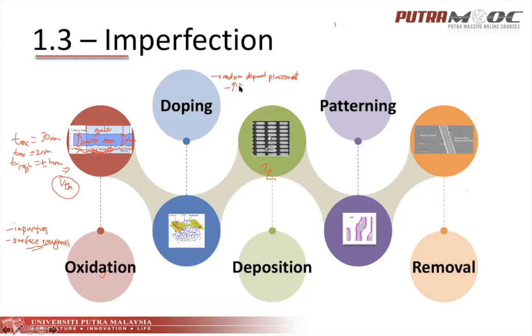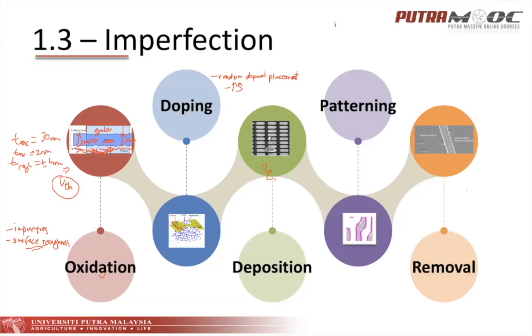But as we shrink down the transistors, we increase the doping concentration. So we increase the S, the scaling factor. So we increase the doping concentration in the transistor. So when we decrease the size of the transistor, we reduce the bulk material, but we increase the number of dopants into the bulk material, right?